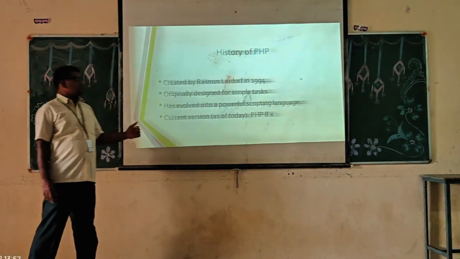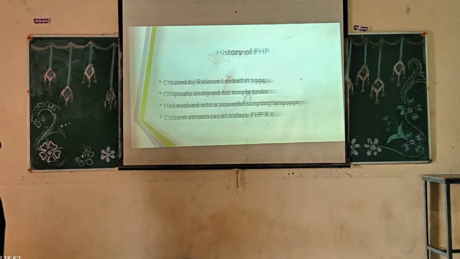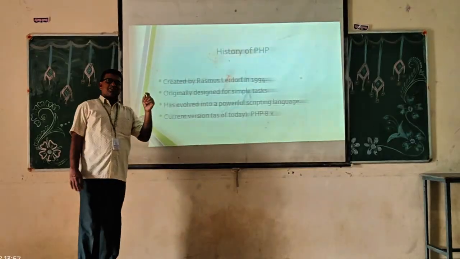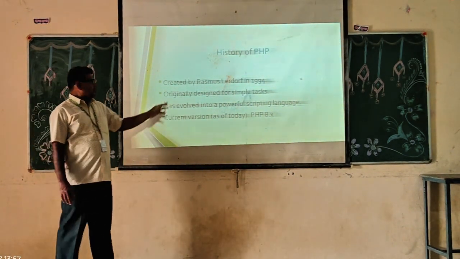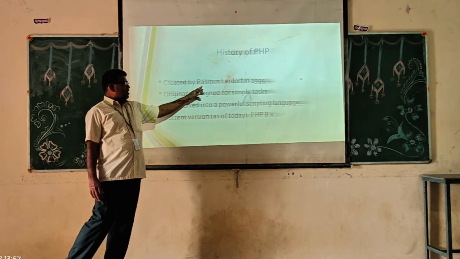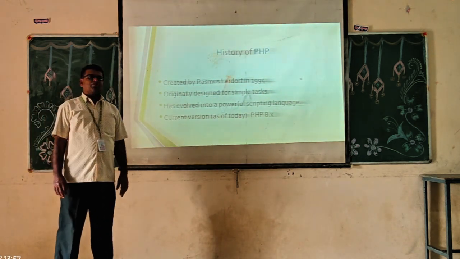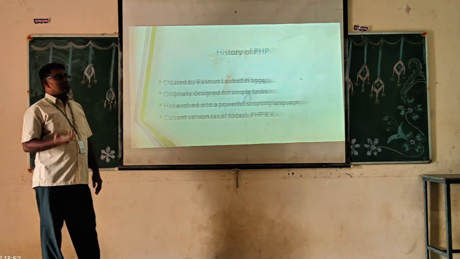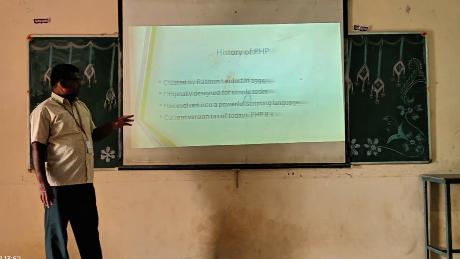The next topic is the history of PHP. It began in 1994. PHP was created by Rasmus Lerdorf in 1994. The software was originally developed for web designing purposes, for simple tasks.